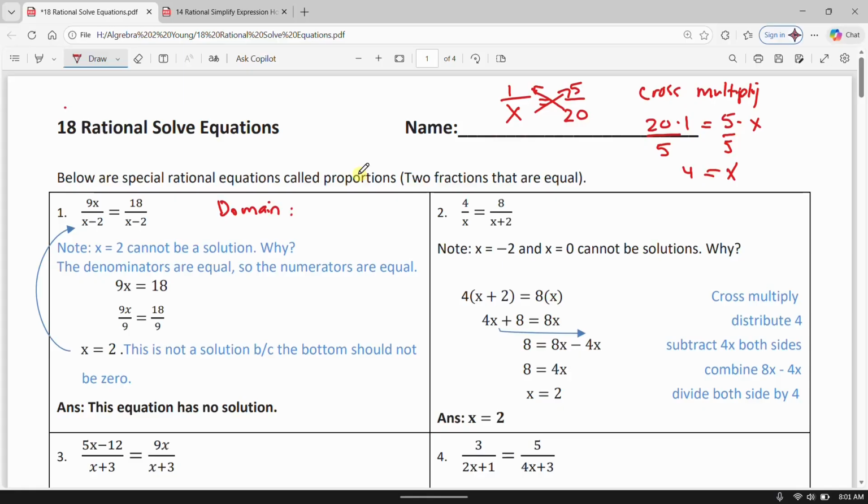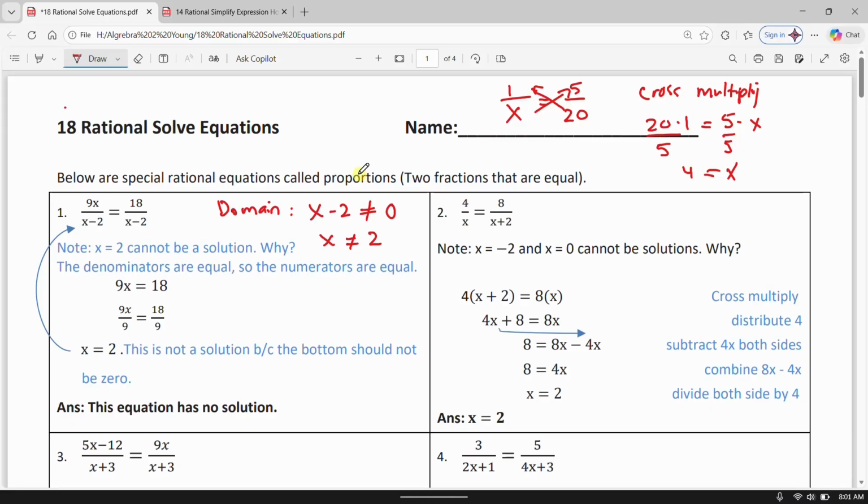So the domain for this will be x minus 2 not equal to 0. We do not want the 0 in the denominator. Then x is not equal to 2. So we cannot have x equal to 2.